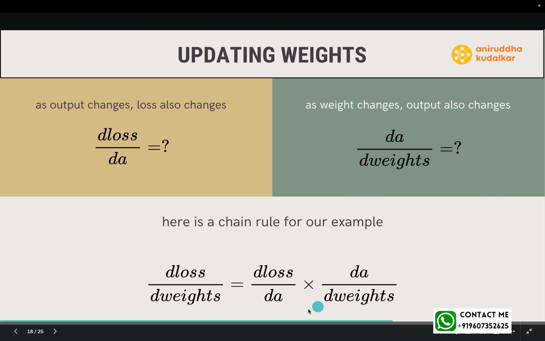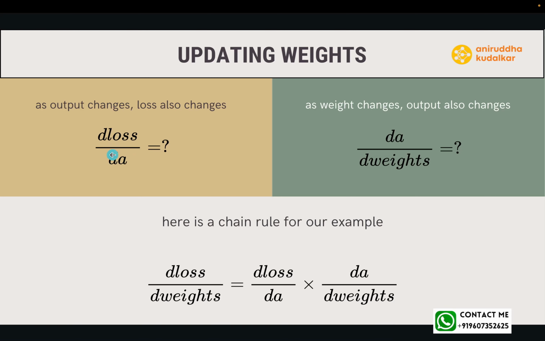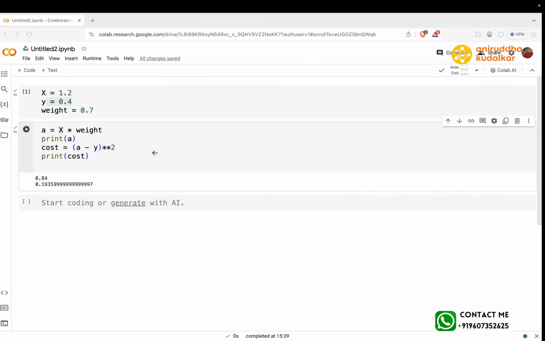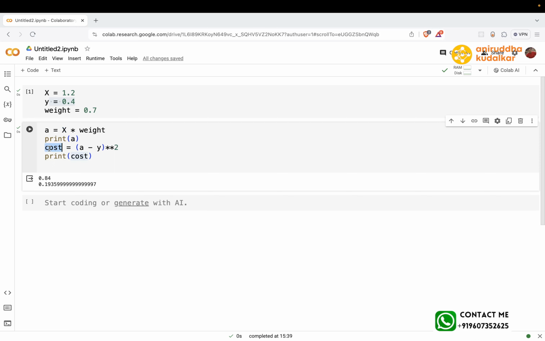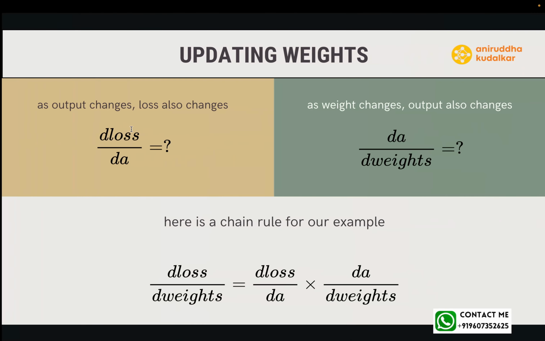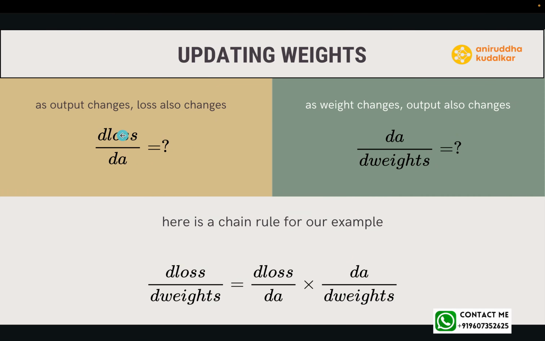Now let's try to understand these terms. What do you mean by the derivative of loss with respect to A? Remember that as the output activation changes, how much our loss is changing. Let us see if they are associated or not. Yes, can you see cost is nothing but the loss? If A changes, it is going to change the cost. That's what we need to calculate: the derivative of loss with respect to the output activation.